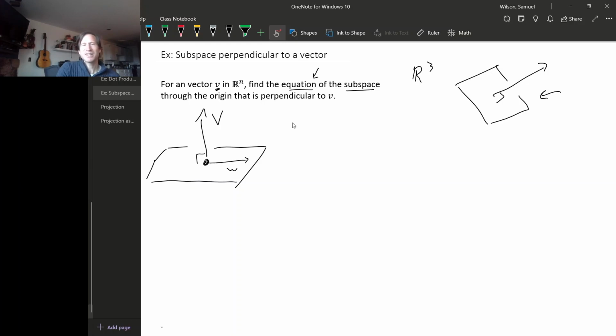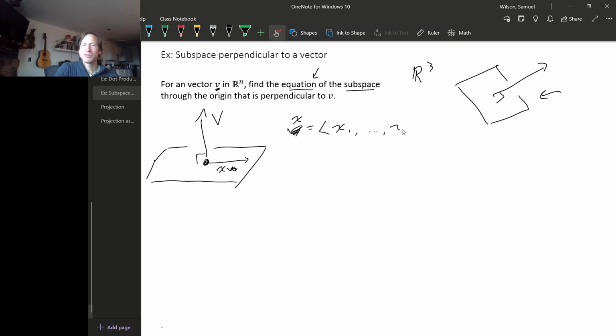Well, first of all, since we're trying to write an equation, we should have some variables. So w will be a vector full of variables. I want to use x's rather than w, so why don't I actually call this x, just because when we write equations in Rn, we're used to using x's for our variables.